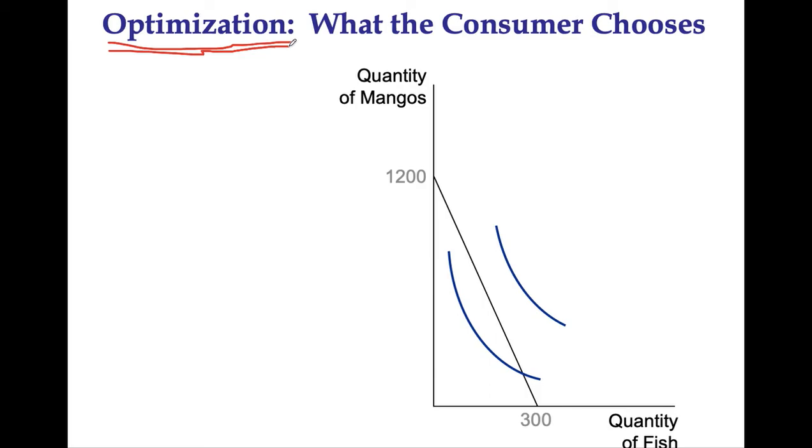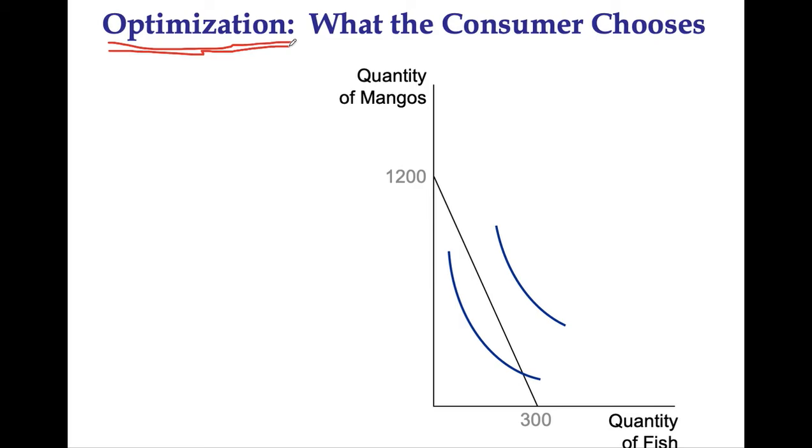And here, when we consider the consumer choice, the consumer is expected to maximize what? Of course, his preferences, his satisfaction. So he is expected to choose the bundle, the combination of goods, that gives him the highest possible satisfaction.